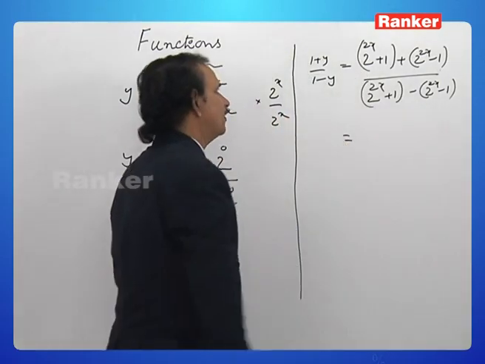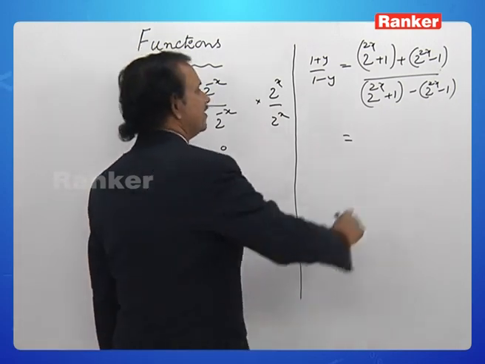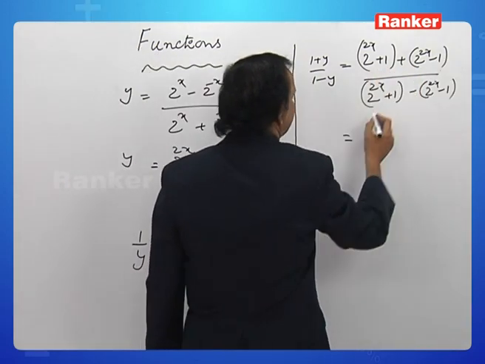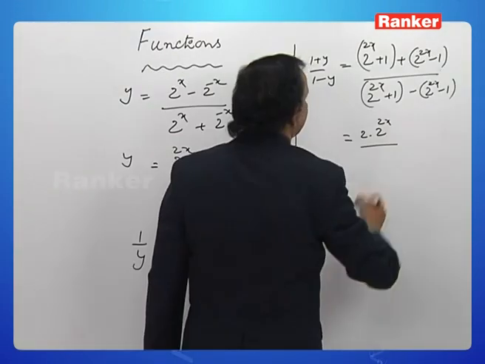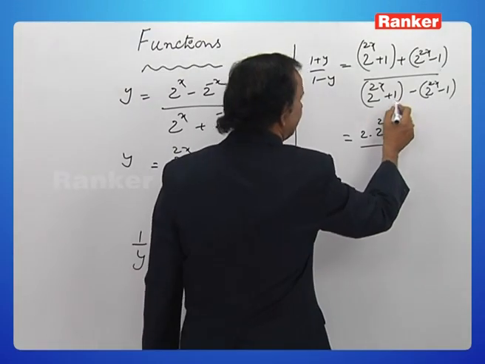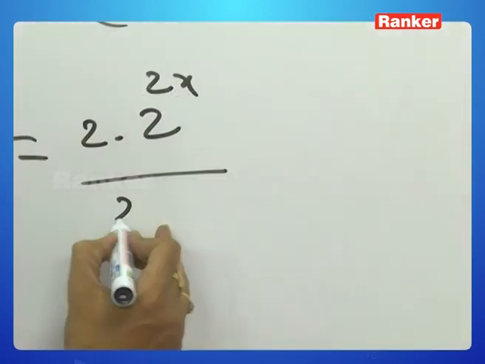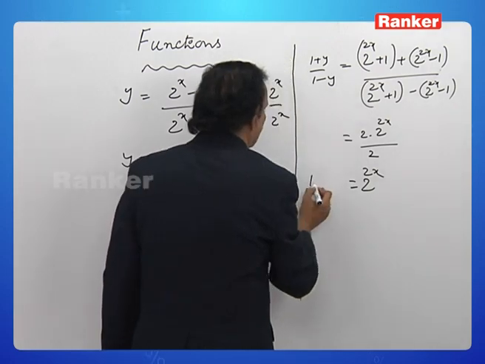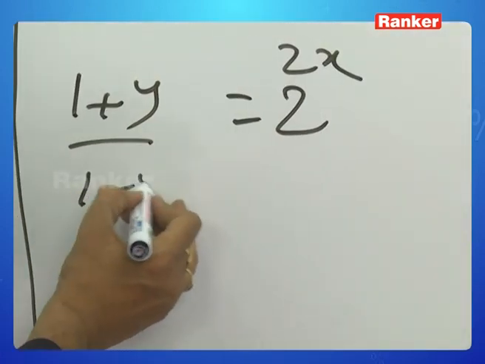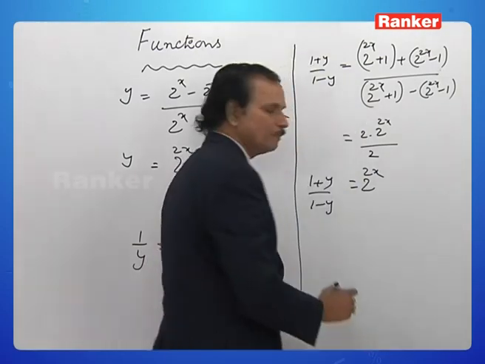What happens to the fate of this? In the numerator, 1 and 1 can be cancelled, leaving you 2 into 2 power 2x. And in the denominator, 2 power 2x will be cancelled, leaving you 1 plus 1, that is 2. It is just nothing but 2 power 2x. Therefore, what you have here, 1 plus y by 1 minus y is equal to 2 power 2x.